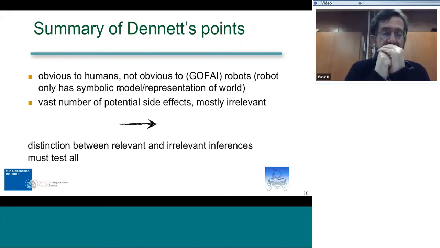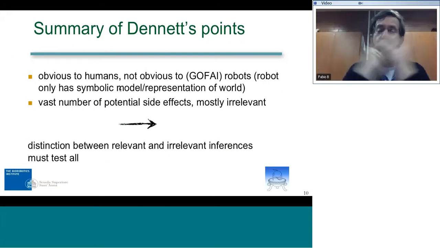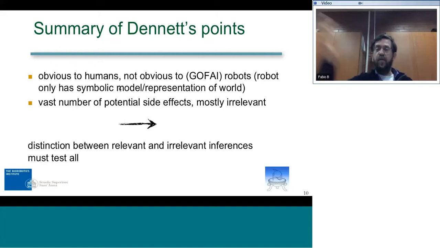is difficult, if possible at all, I would bet it's not possible at all, to implement with a symbolic model or representation of a world. Because the number of potential side effects is huge, and most of the side effects of what we do are irrelevant. For instance, there is a flow of neutrons in this room that we are not aware of.